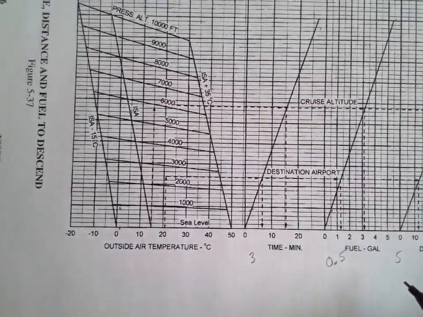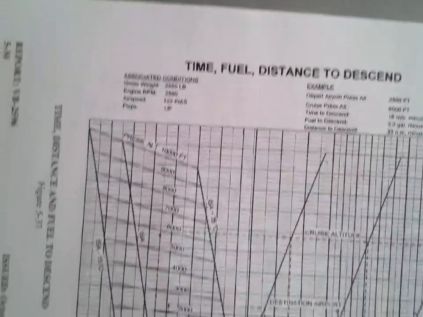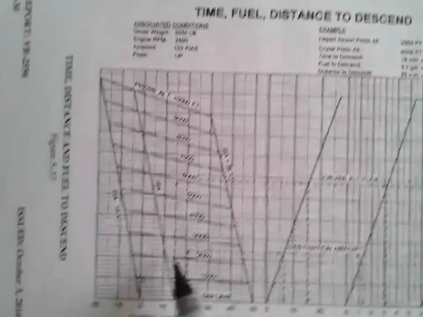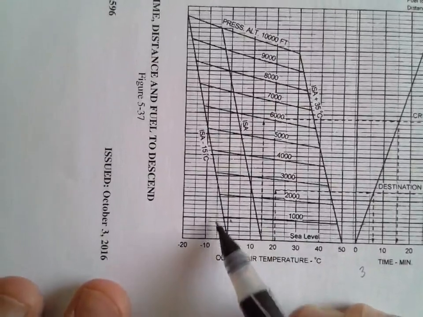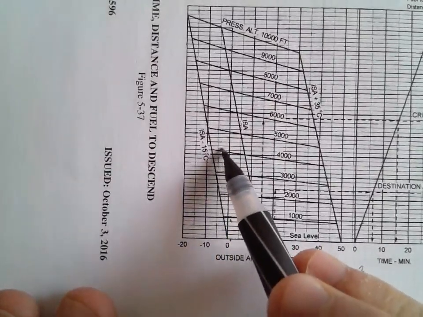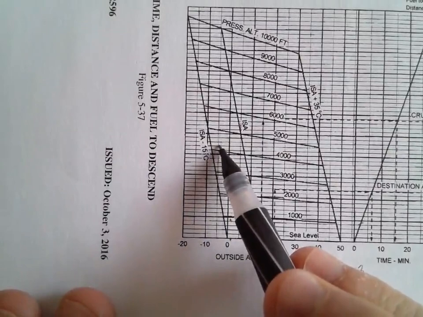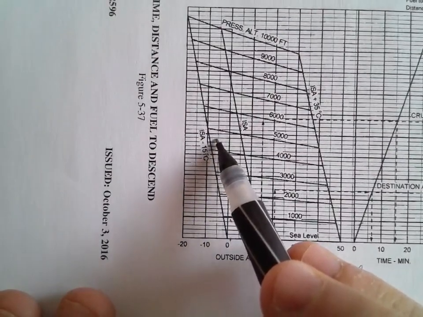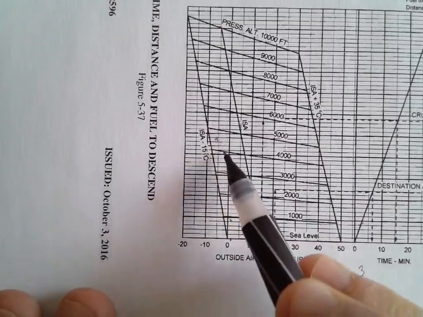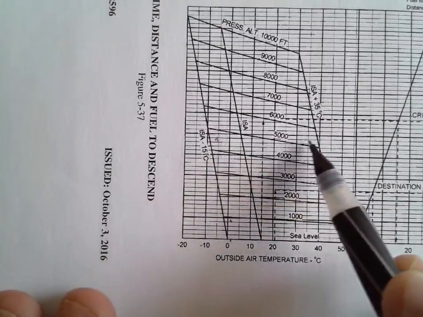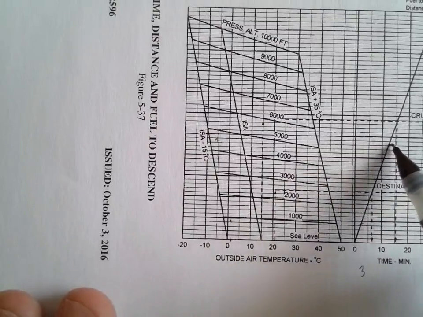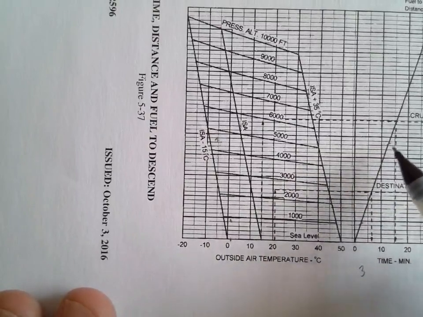So now we'll look at our cruise pressure altitude of 4,520. And again, we said temperature is -7 up there. So if you find -7 along the bottom, and we'll meet up with 4,520, which we'll say is probably right about there, pretty close. So we'll move across the chart and come to our first line here.